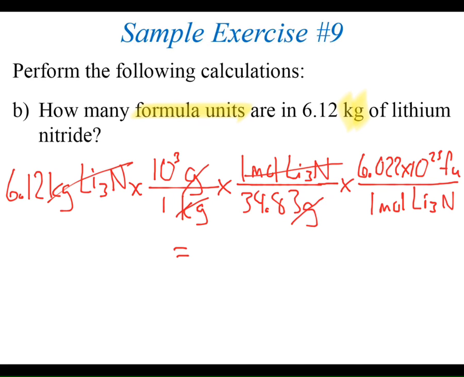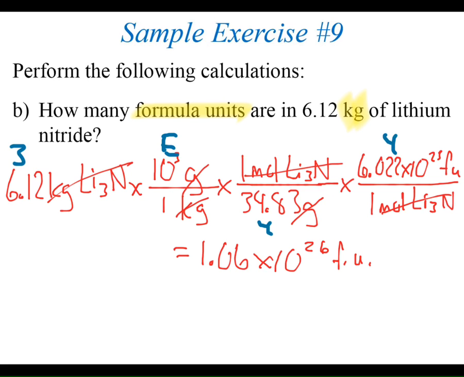Now moles cancels. I'm left with how many formulas? Let me see. So we got 6.12, that's 3 sig figs. This is exact. This is 4. This is 4. So my answer must have 3. So what would it be? 1.06 times 10 to the 26th formula units.